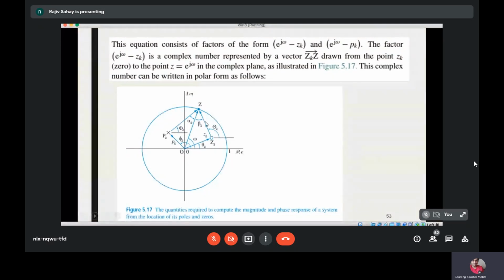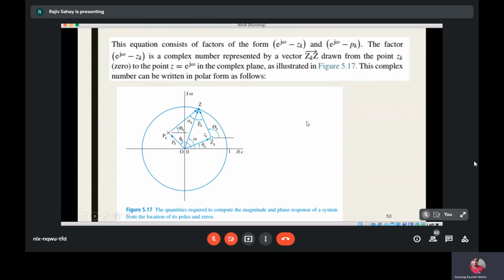If you see, you can find out the length of this particular vector by using the parallelogram law or the triangle inequalities. So you can see that this is one, and Zk has qk into e to the power j theta k. So this length was qk.